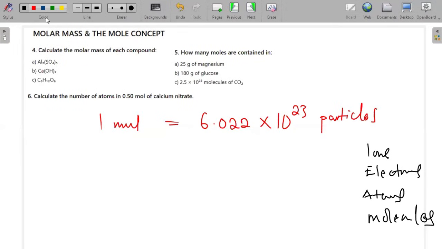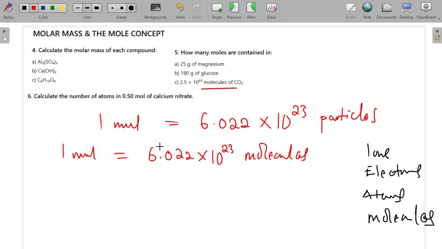So in this case, we're talking about molecules. If 1 mole contains 6.022 multiplied by 10 to the power 23 molecules, what if I have 2.5 times 10 to the power 23 molecules?